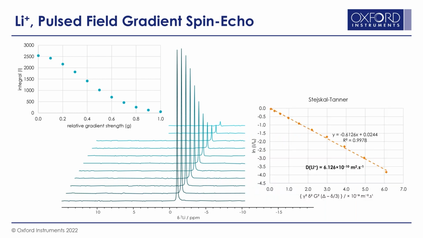By then considering the gyromagnetic ratio of the nucleus and the parameters used in the NMR experiment, the diffusion constant can be directly calculated. Since the X-pulse can collect spectra at variable temperatures and diffusion constants will vary with temperature, it is particularly valuable to characterize diffusion at temperatures appropriate for the individual application.